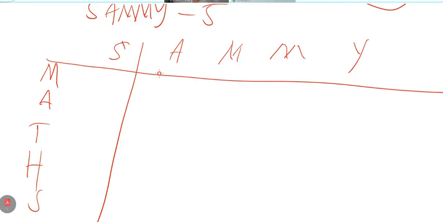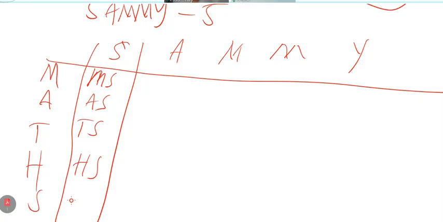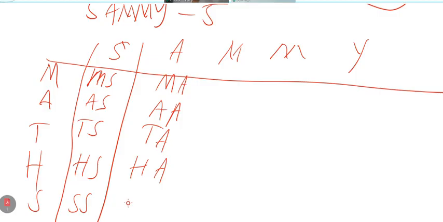Okay. Now for the SAMMY that we have here, we have S and M, MS, AS, TS, HS, then S and S. Okay, so also we have here A of A, next one is T of A, now H of A and S of A then.